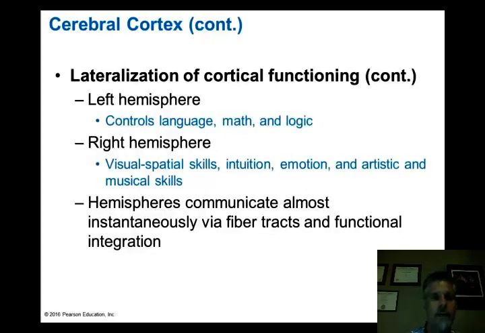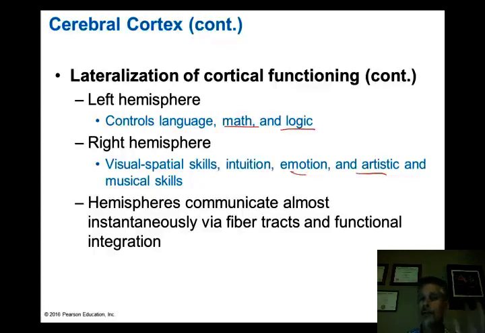Now, if that left hemisphere is busy with things like motor function, it also can be commonly associated with language and math and logic, right? The logical brain, you hear about that. The people that are left-handed, or right hemisphere, they tend to be, it's a correlation, more emotional, artistic, musical skills.